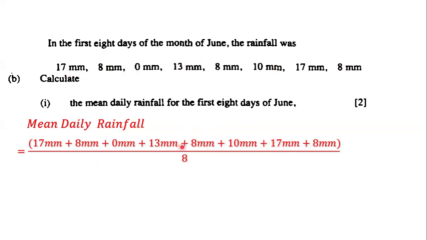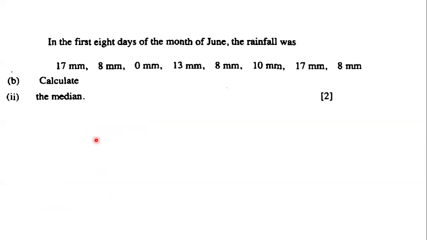We add them all up, and then we have to divide it by 8. When we add them all up, we get 81 millimeters, and we have to divide 81 millimeters by 8. When we divide these two, we get 10.125 millimeters. So that means that the mean daily rainfall for the first 8 days of June is 10.125 millimeters.